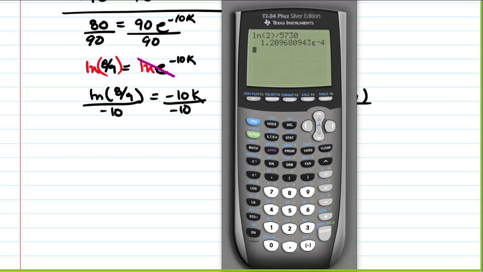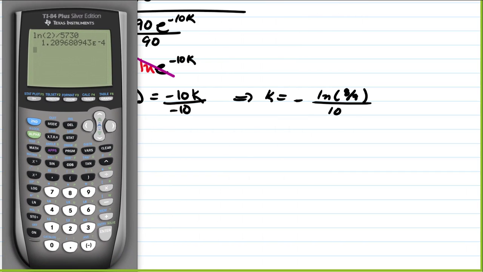So at this point, let's feed that to our calculator. So the negative of the natural logarithm of 8/9 all divided by 10. And then I am going to store that value in my calculator as k.